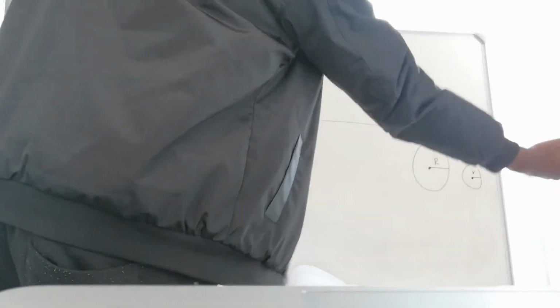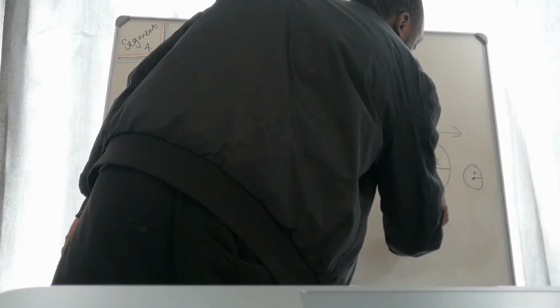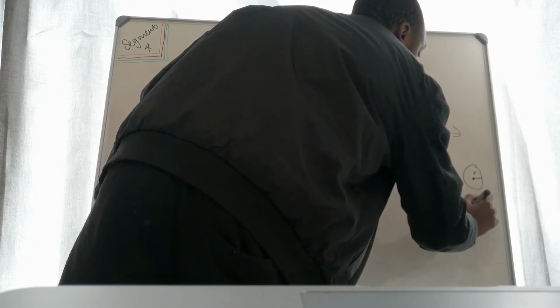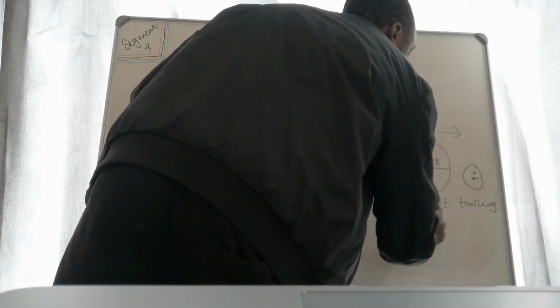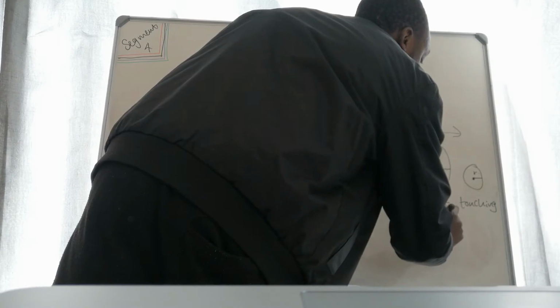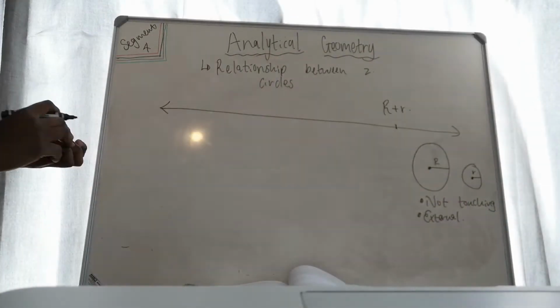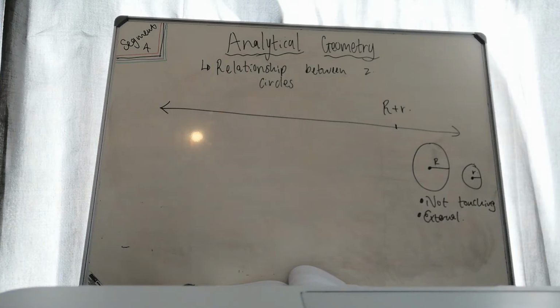And on that other end of the spectrum, these two circles are not touching. And the smaller one is external from the bigger one. So they're not touching and it's external.